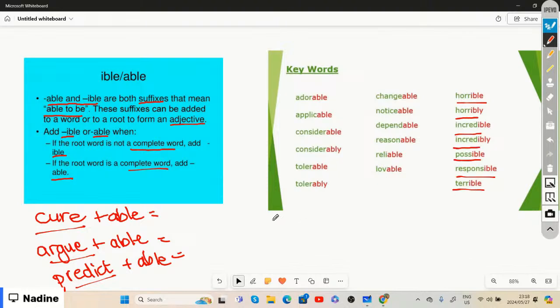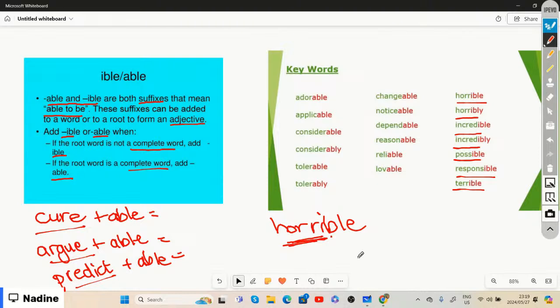These words are, for example, horrible. Here we have the word horrible, right? So we can't actually try to find a root word in horrible, horror, horri. No, right? So horrible is basically just ible completes horrible, right?